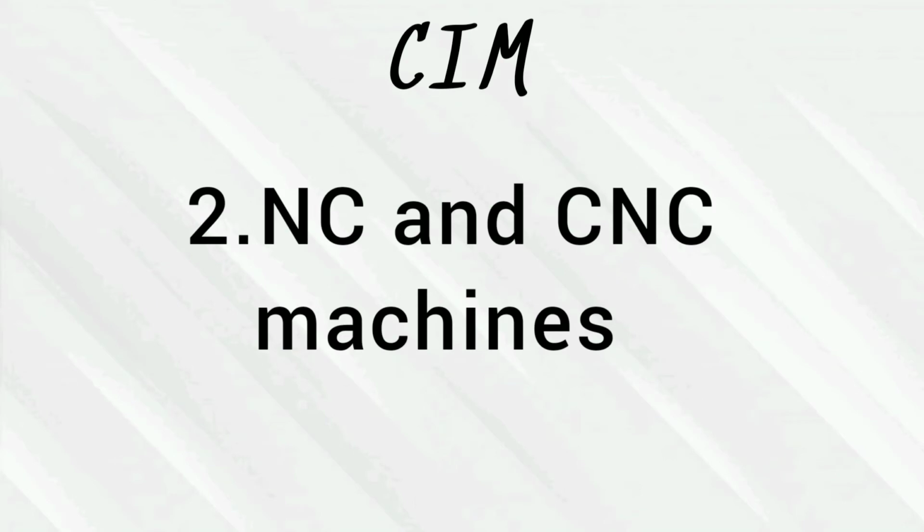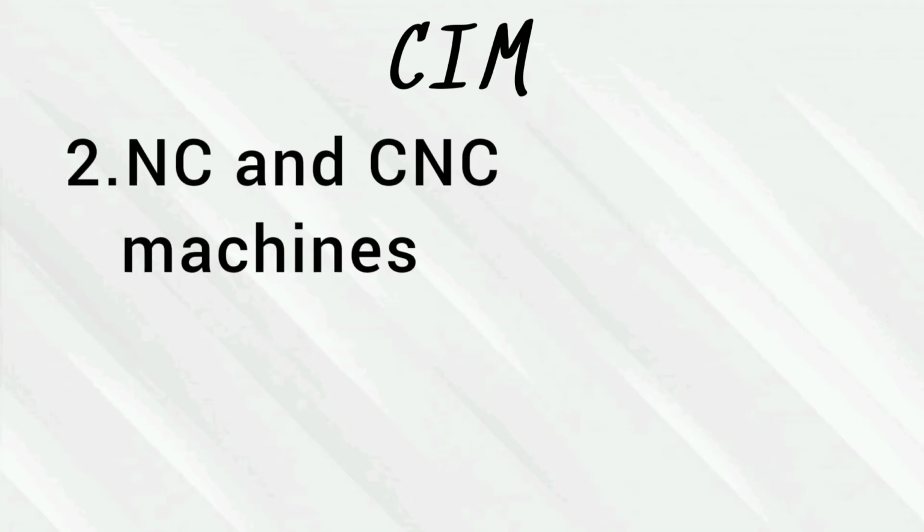The second chapter is NC and CNC machines. NC means numerical control, and CNC means computer numerical control machines. It has 8 lecture hours and 15 marks in the final exam.